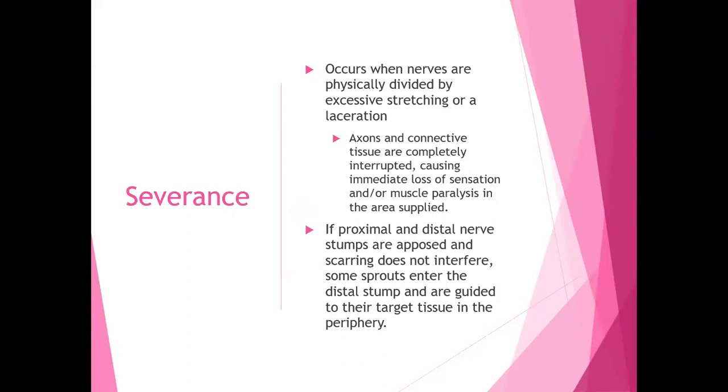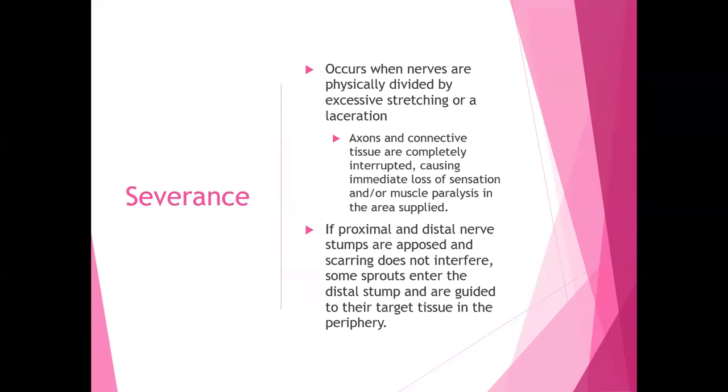If the proximal and distal nerve stumps are opposed, meaning they're really close to each other, they're approximated, and you don't get a lot of scarring, you can get sprouts that are guided to their target tissue in the periphery. So again, even with complete nerve severance, you can get recovery. But remember from the neuroplasticity chapter that neurons recover at a rate of 1 millimeter per day.